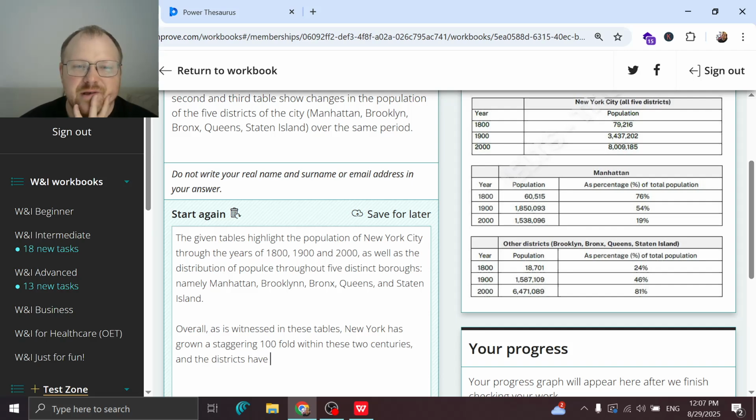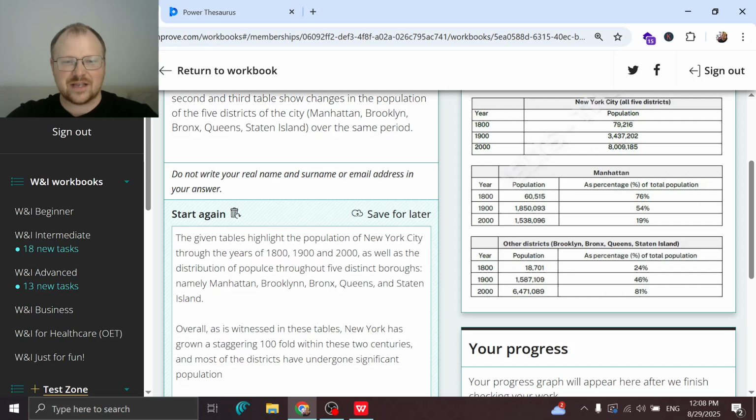The districts have undergone significant population changes, and most of the districts, because actually we can see Manhattan had a decline, and we have to make sure we mention that decline. What's the word? Changes?